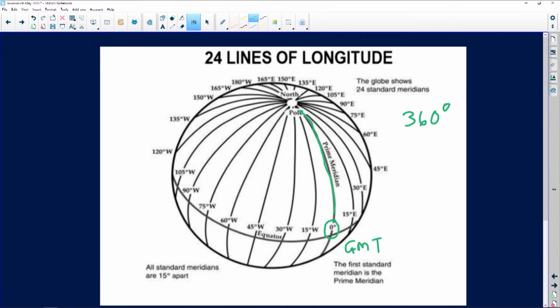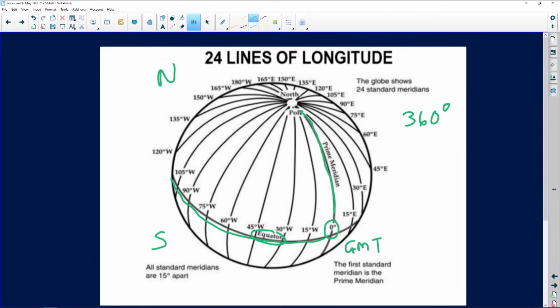As I've also mentioned to you, there's another line of latitude, which is that one there, and it's called the equator. This divides the Earth into a northern and a southern hemisphere, which will later help us to identify where it's summer and where it's winter.